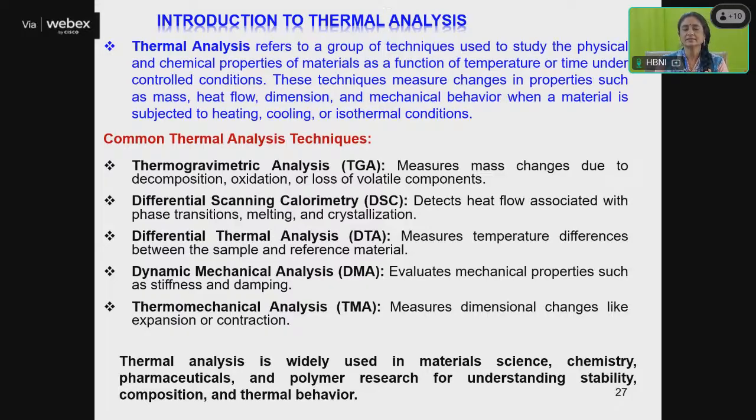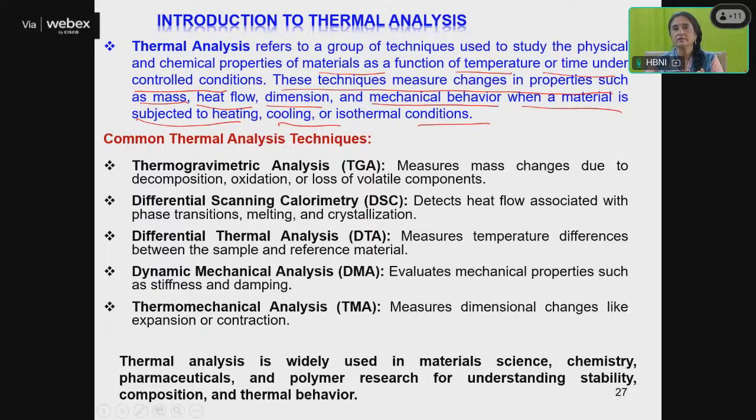Thermal analysis refers to a group of techniques used to study the physical and chemical properties of materials as a function of temperature or time under controlled conditions. These techniques measure changes in properties such as mass, heat flow, dimension, and mechanical behavior when a material is subjected to heating, cooling, or isothermal conditions.